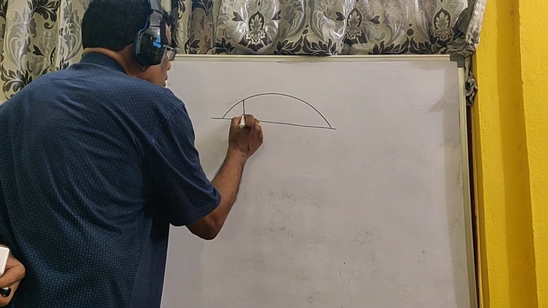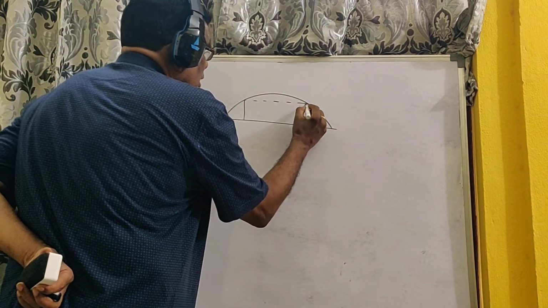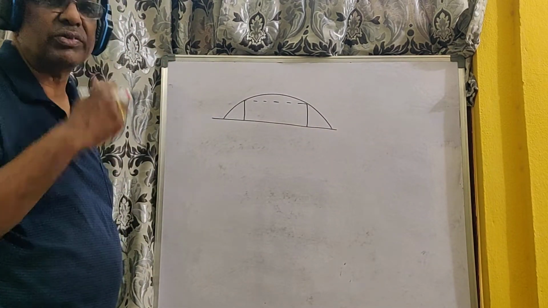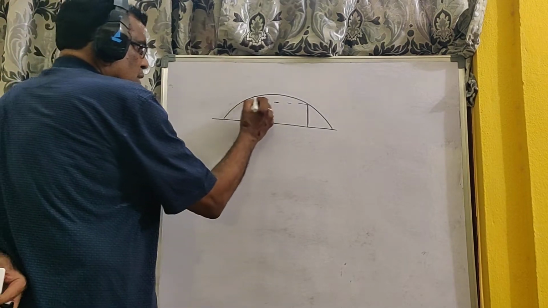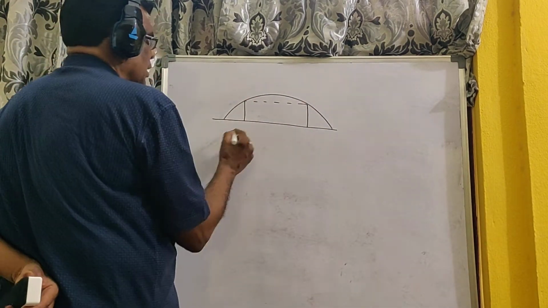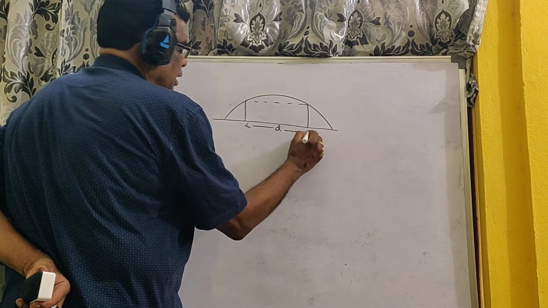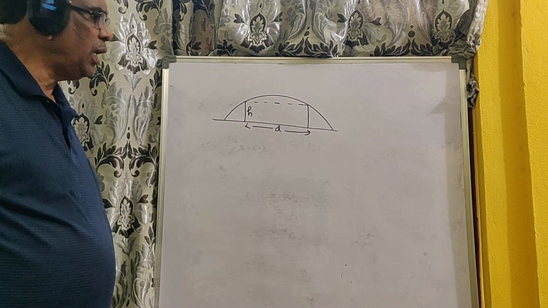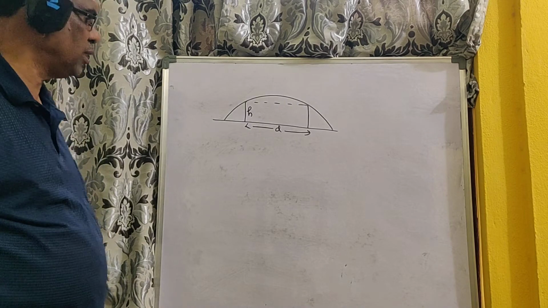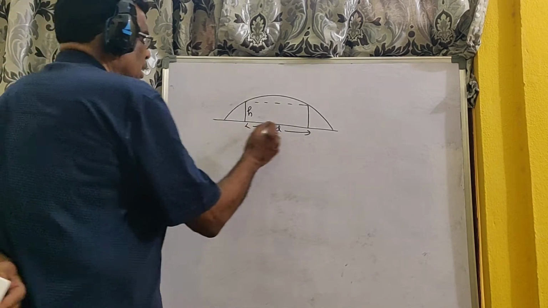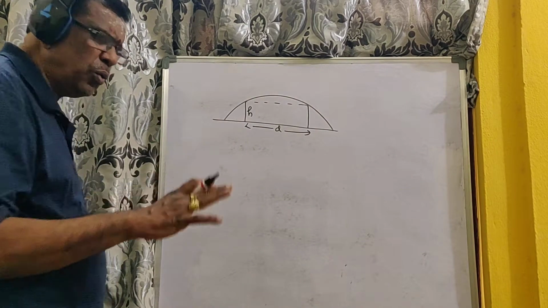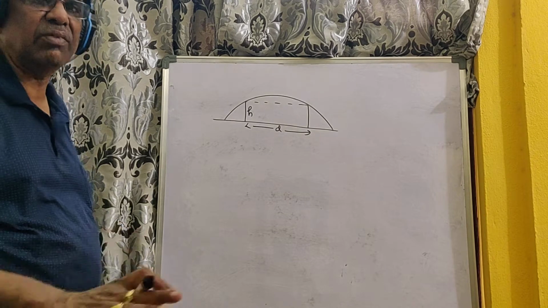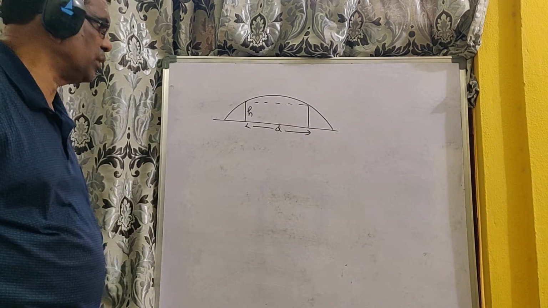Suppose the projectile just clears two walls of the same height. Just clears means almost touching, separated by a distance d, and this is h. Likewise, the problems could be given. Now if this is the case, they may ask how to go about when such problems are given to you. That is important for you.